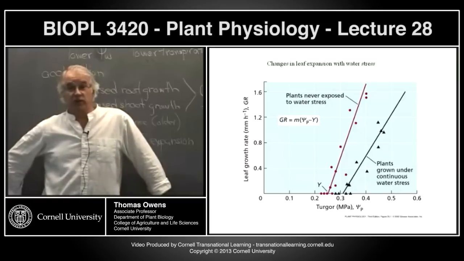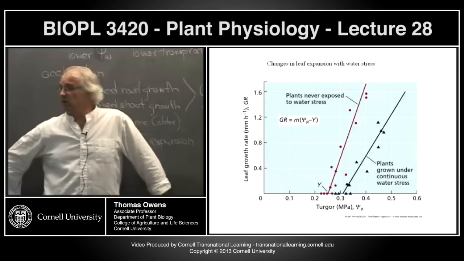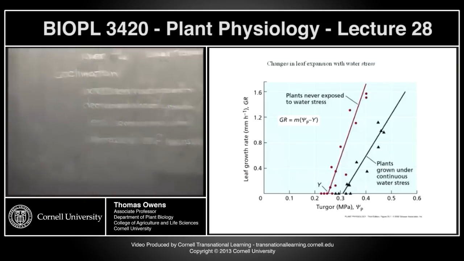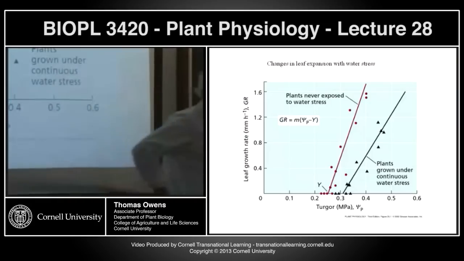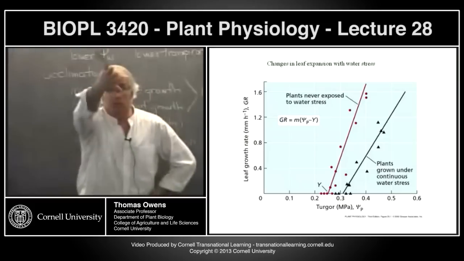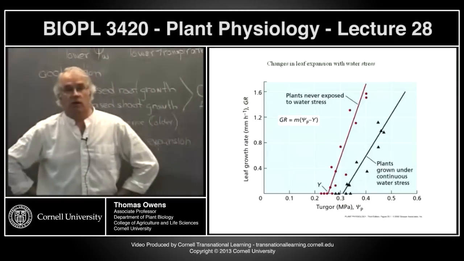Does this figure look familiar to you? Have you seen this before? Remember we saw this in the chapter on growth and development, or the chapter on cell walls. So what's this intercept on the x-axis? What does that represent? The turgor pressure that's needed to start the cell expansion. That's right.